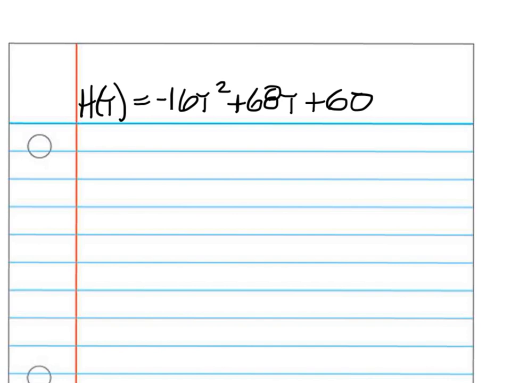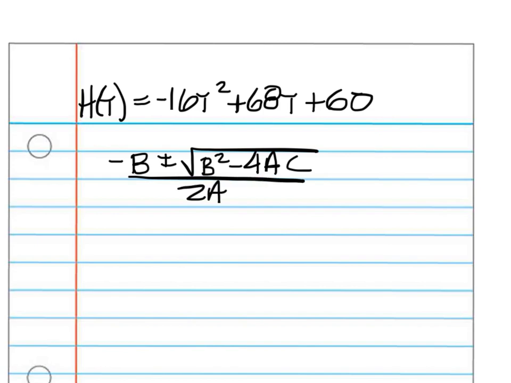Okay, the quadratic formula is negative b plus or minus the square root of b squared minus 4ac over 2a. And that was a question on your quiz today before we got started. What is on the bottom of the quadratic formula? 2a. We have to figure out what a is. A is what in that function? Negative 16. B is what? 68. And C is 60.